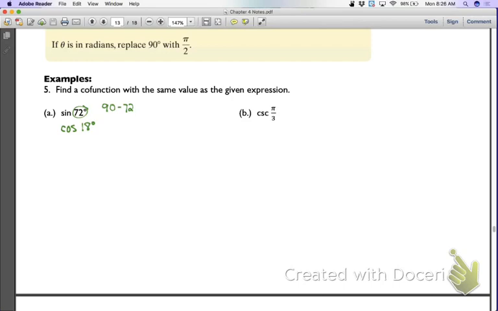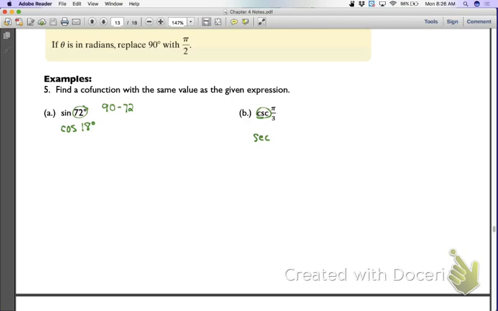So first off, if it's cosecant, what's my cofunction? Secant. Usually that's not the problem. Now it's a matter of making sure that I get whatever's left.